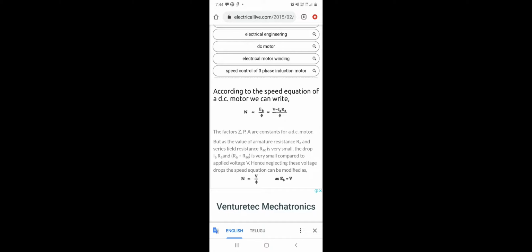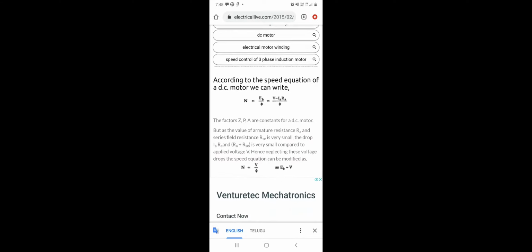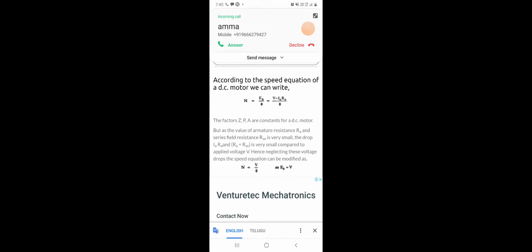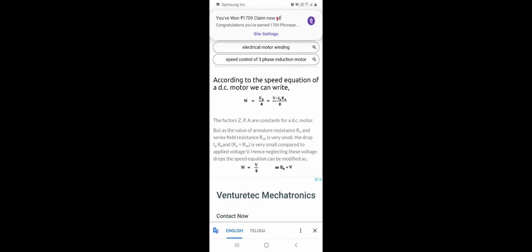The voltage drops IaRa and IaRsc are very small compared to the applied voltage, hence we neglect this voltage drop. So the speed equation can be modified as N directly proportional to V by phi, as Eb is equal to V.